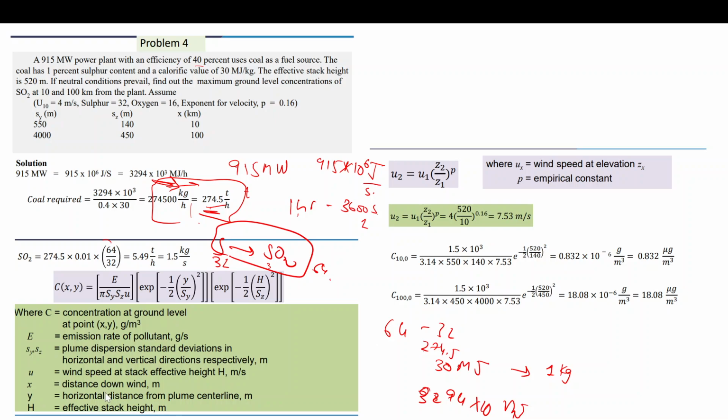So if you put all the values, Y is 0 in this case, I guess. X is given, and since Y is not given, you can take it as 0. So consider it as the center line for Y, and you can calculate the C value.